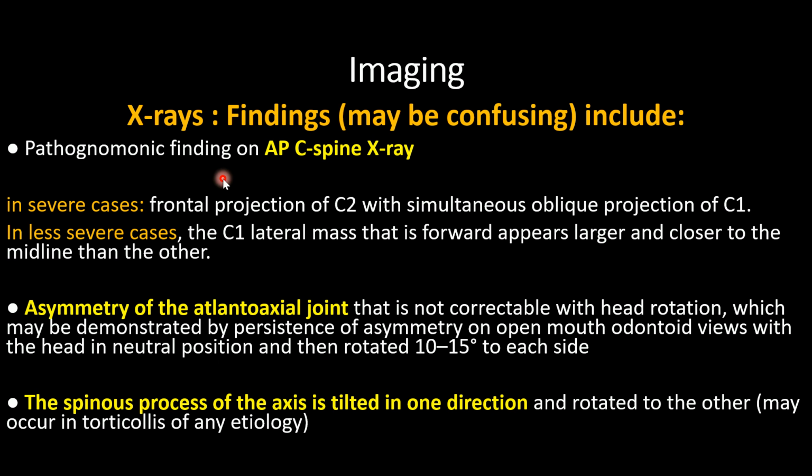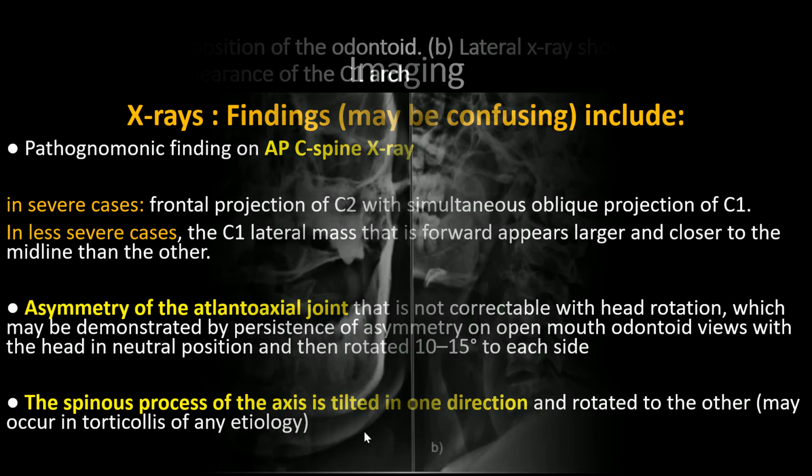In severe cases, there is a frontal projection of C2 with a simultaneous oblique projection of C1. In less severe cases, the C1 lateral mass appears larger and closer to the midline than the other, with asymmetry of the atlantoaxial joint, and the spinous process of the axis is tilted in one direction, which is not specific and even occurs in torticollis.